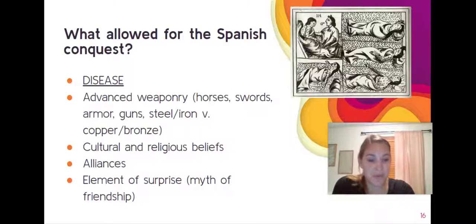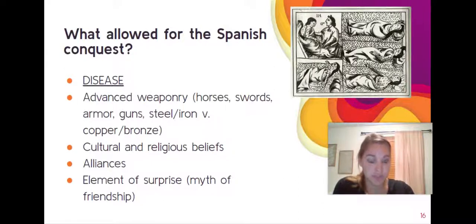Additionally, advanced weaponry, the difference between steel and iron, which the Europeans had, compared to copper and bronze, which the indigenous peoples would have had. Horses, the largest four-legged animal at that time in the Americas would have been a llama. And so to see a horse would have been absolutely terrifying.